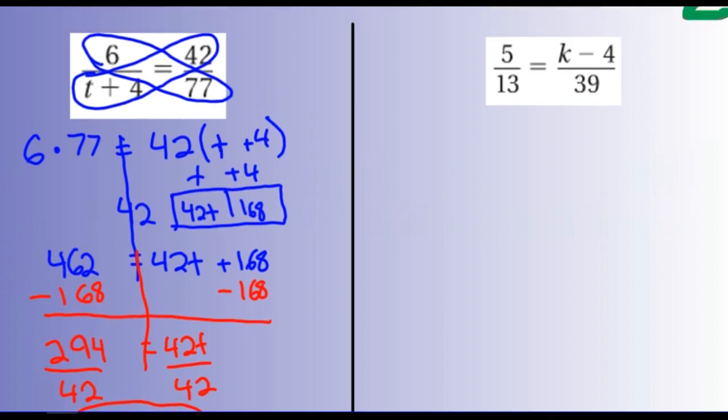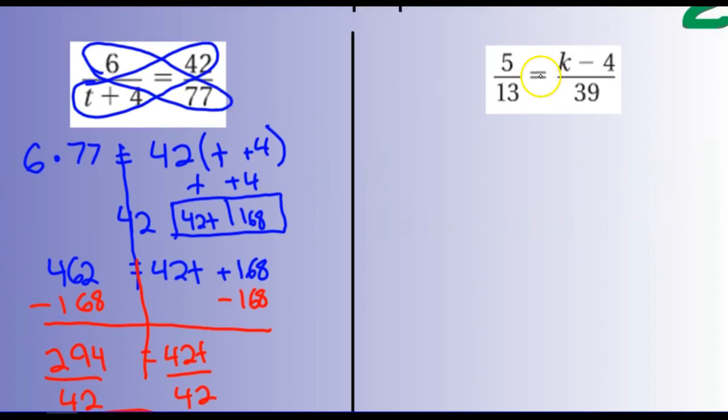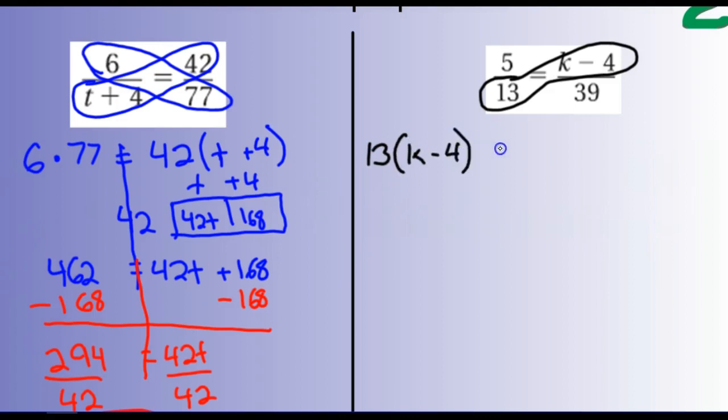Alright, now if we go to this problem, we have 13 times k minus 4. So 13 in parentheses k minus 4 equals 5 times 39.